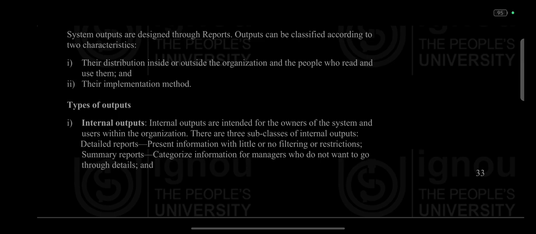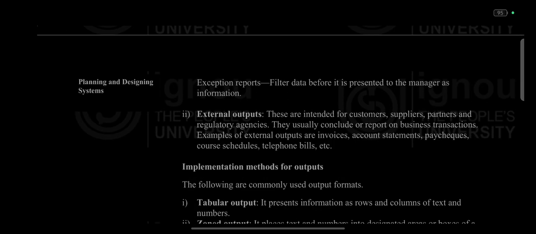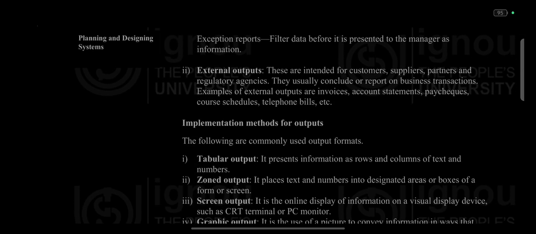There are three subclasses of internal outputs: detailed reports, present information with little or no filtering or restrictions. Summary reports categorize information for managers who do not want to go through details, and exception reports filter data before it is presented to the manager as information.